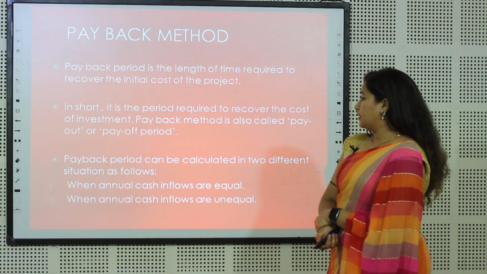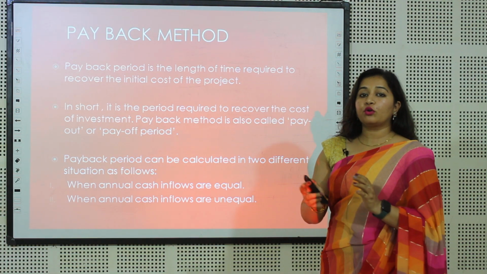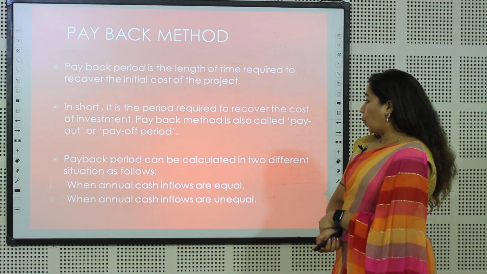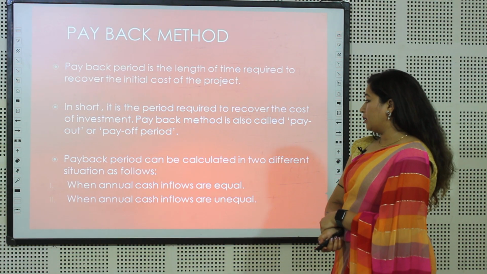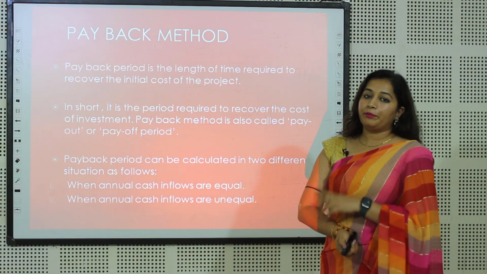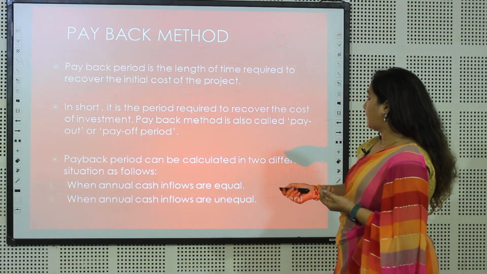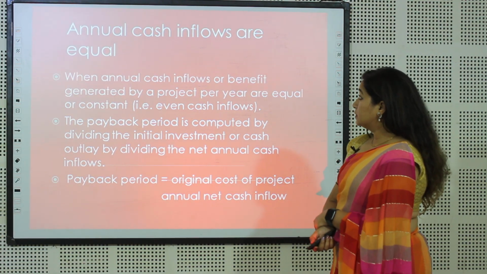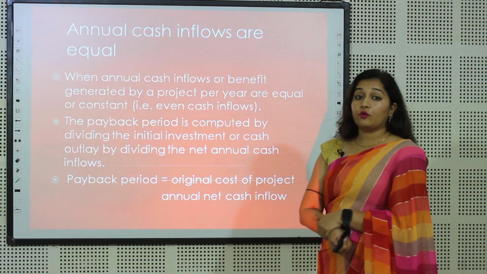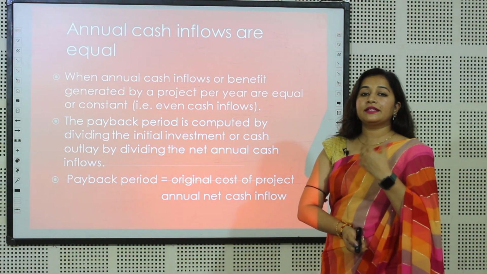Just for the calculation, we have divided payback period method into two broad categories, that is when the annual cash inflows are equal and when the annual cash inflows are unequal. So based on the cash inflow, we will calculate the payback period. First situation, when the cash inflows are equal, it means every year we are getting the same cash inflow.